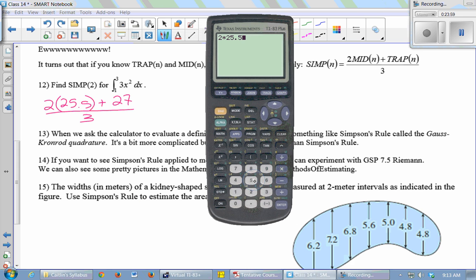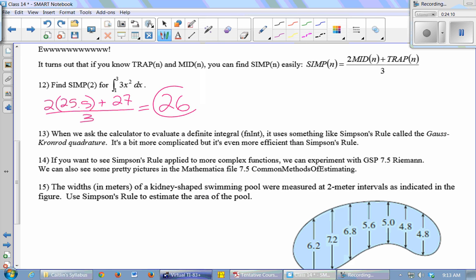Two times 25.5 plus 27, divided by 3, is 26. That actually is the exact value under the curve. We happen to hit it here.